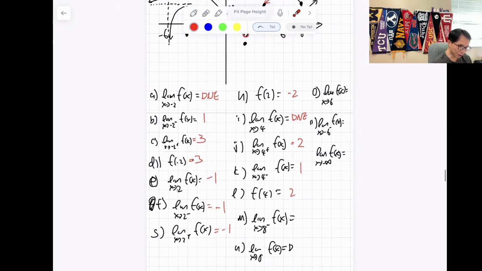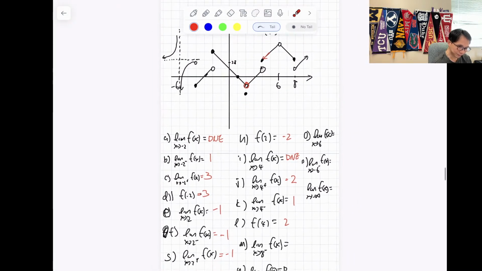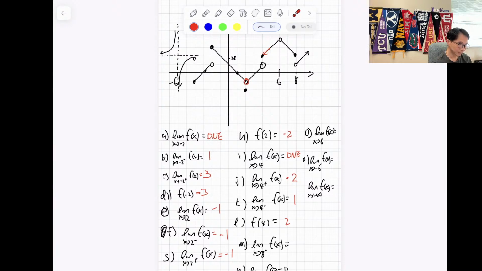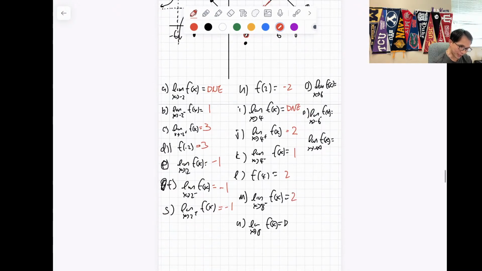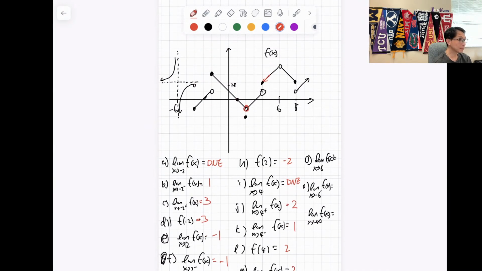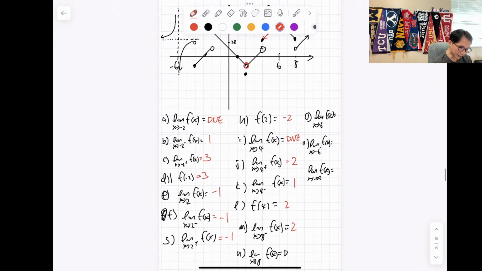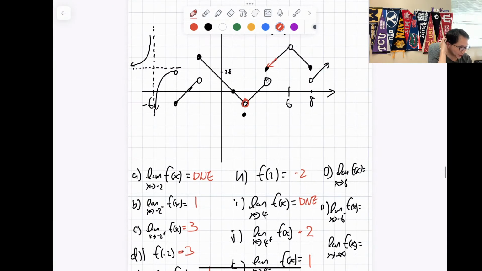What happened when x approaches 8 from the left side? It'll be 2. What happened when x approaches 8? Does not exist. What happened when the limit as x approaches 6?